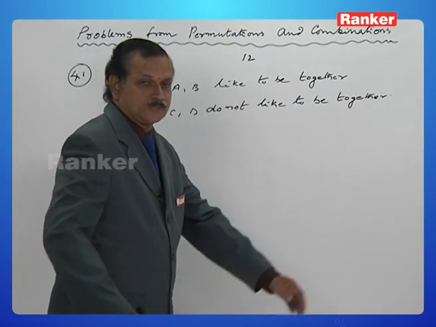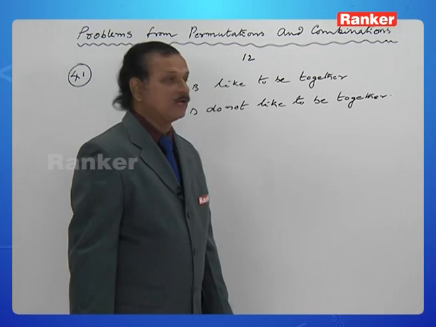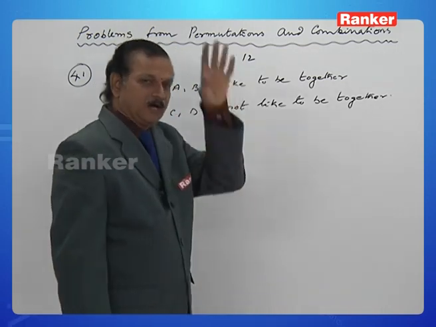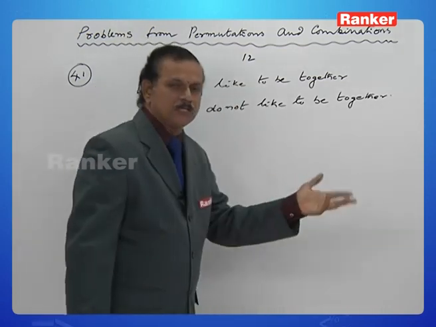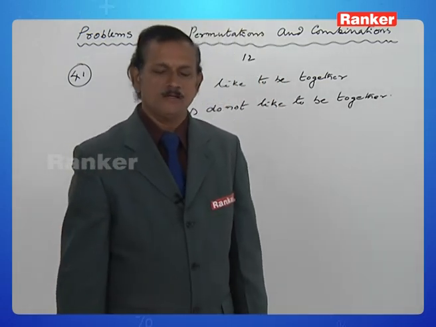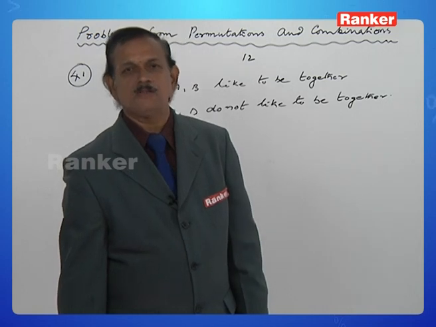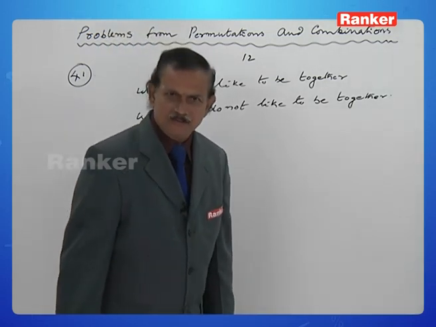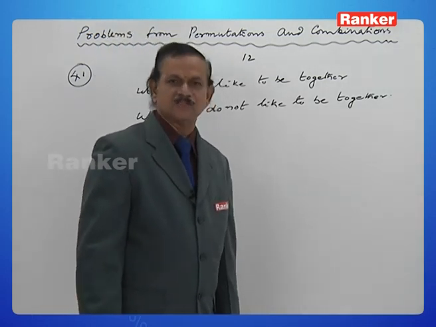And we are supposed to select 4 out of those 12, among which A, B and C, D are also members. Let us now discuss the different cases of selection.